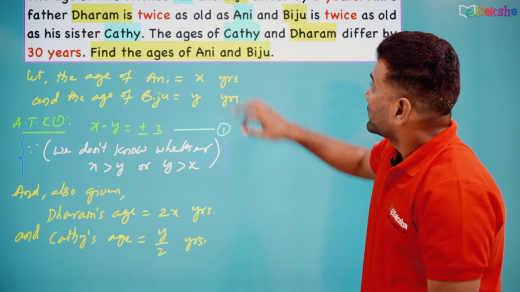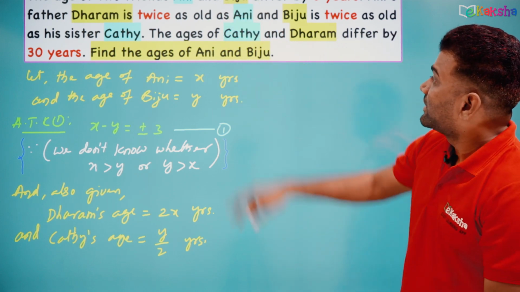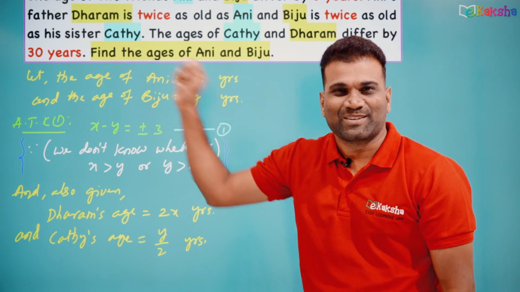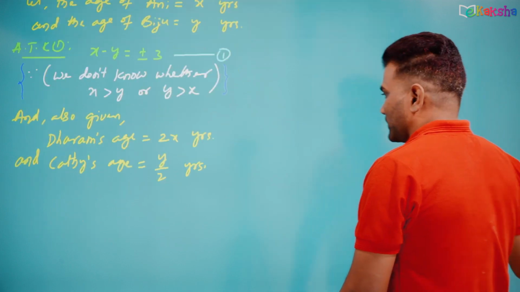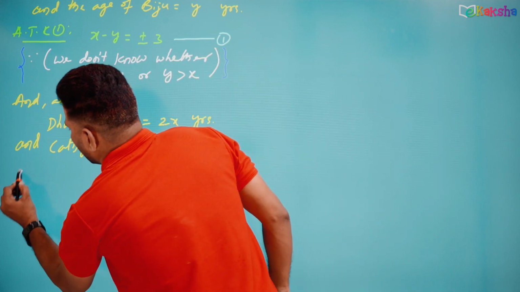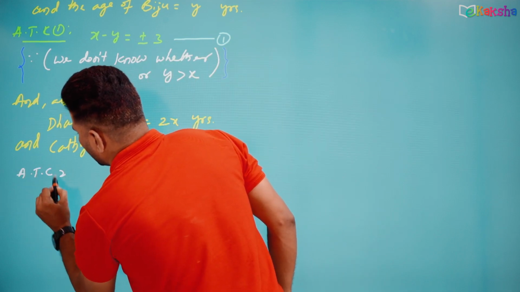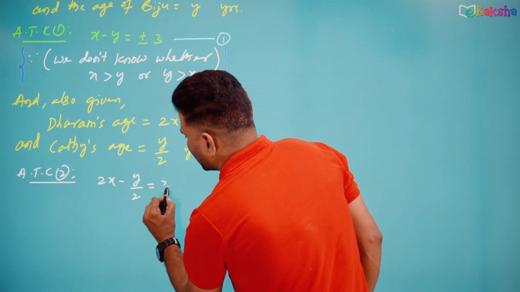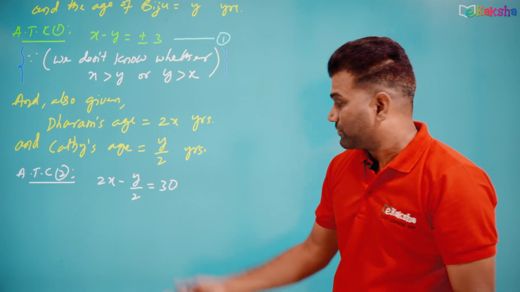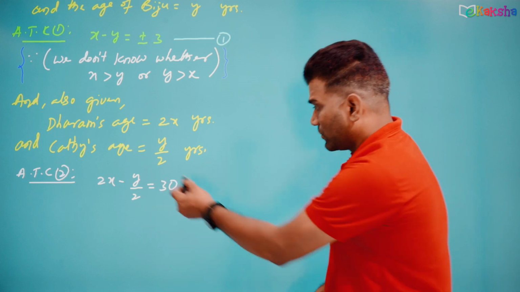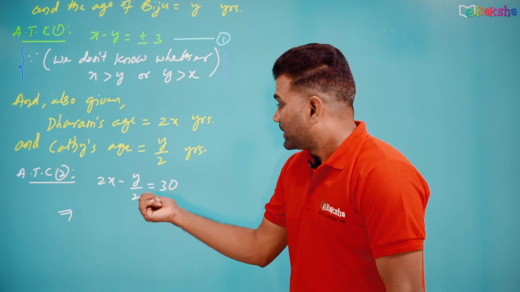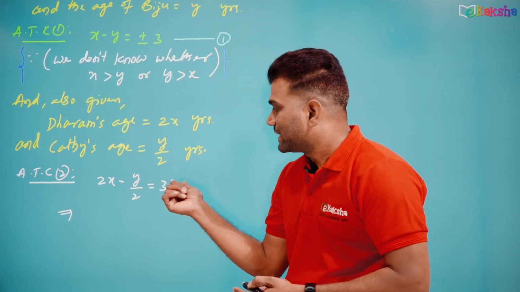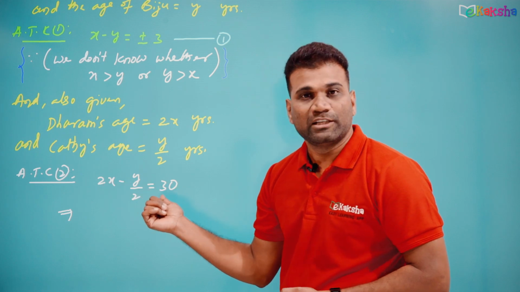Then we are also given another condition: the ages of Cathy and Dharam differ by 30 years. So according to this condition, 2x minus y upon 2 is equal to 30. We can simplify further. Here the y coefficient is 1 upon 2, a fraction, so to make it all integers, we multiply throughout by 2.